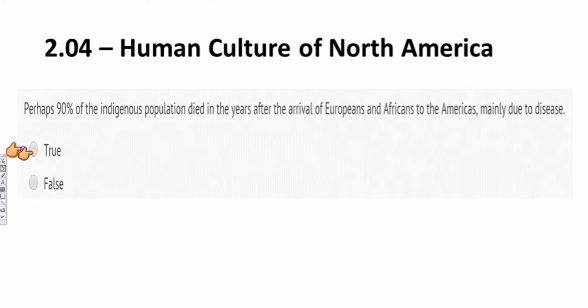It's actually true. There were millions and millions of indigenous people, American Indian people, that lived on the continent. Because of diffusion, bringing over different things they had never seen before, their immune systems weren't built up, and a lot of them died because they didn't have the modern medicine we have today.